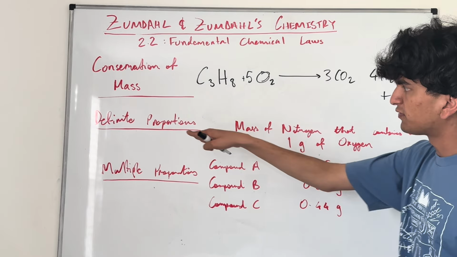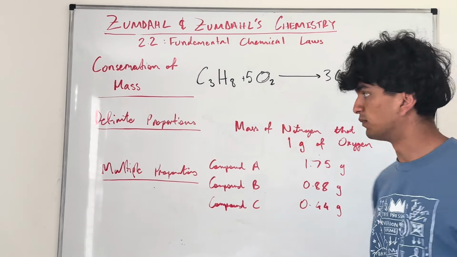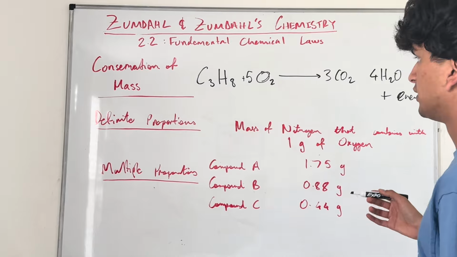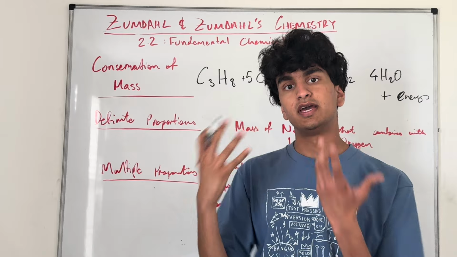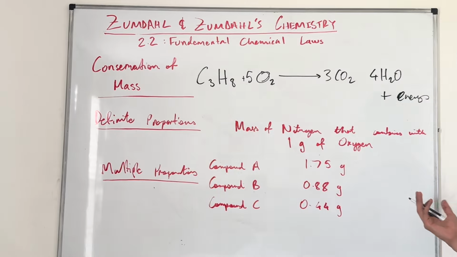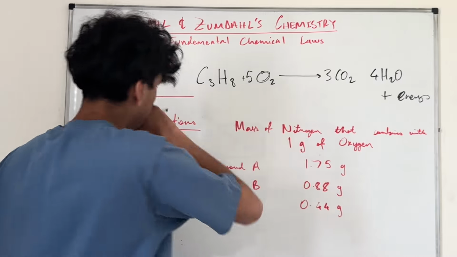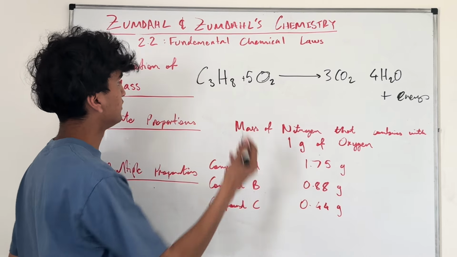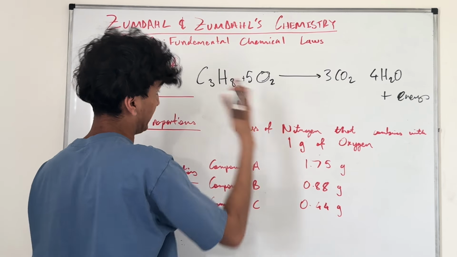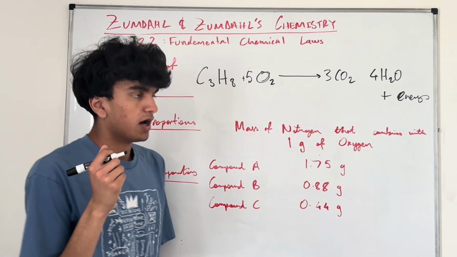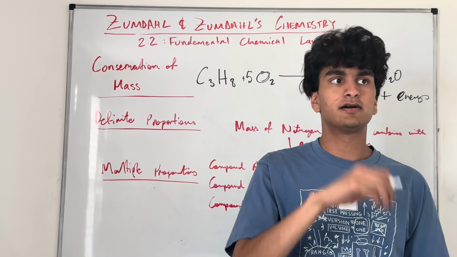So the next law is definite proportions. The law of definite proportions says that if you have a molecule, it's going to come in equal mass proportions. Let's take a look at propane right here. In order to make propane, you need 3 carbons and 8 hydrogens, right?